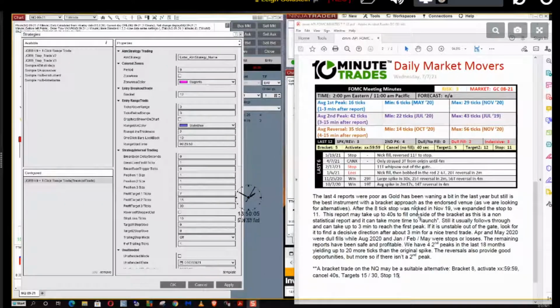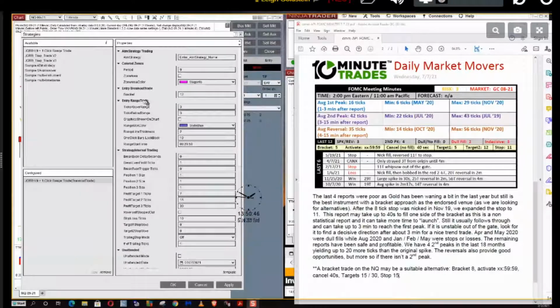But based on what I know about trading an NQ bracket trade in these markets, and based on my back testing, I want a smaller first target, and I want a bigger bracket. And that bigger bracket and a smaller target kind of make each other sensible. I'm shrinking my target. I'm increasing my bracket. That makes logical sense. Okay?